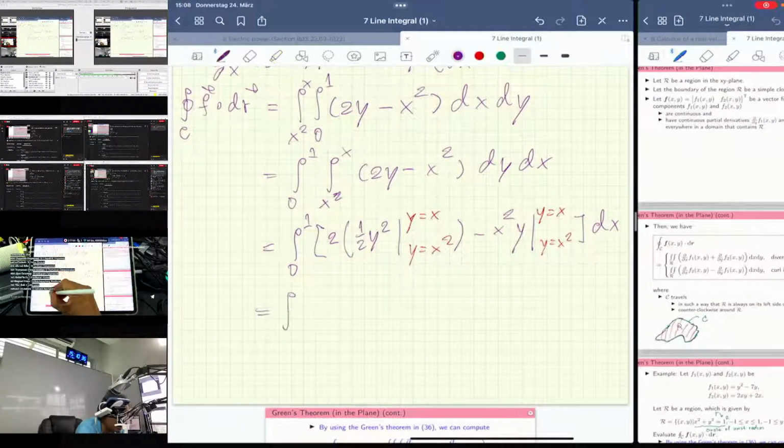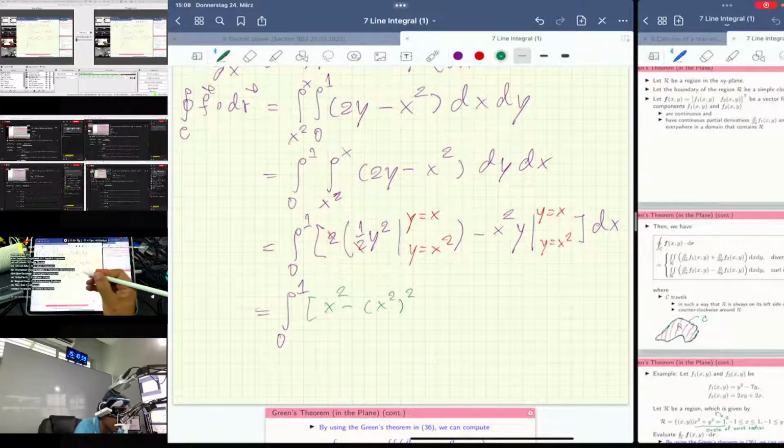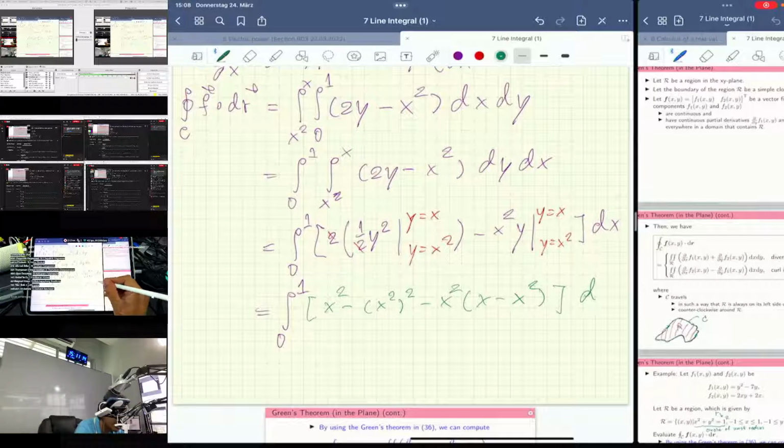Okay, 0 to 1, and here you can cancel 2 and 2. You get for the first term x squared minus x squared and square, and minus x squared and x minus x squared, closing the bracket, and dx.